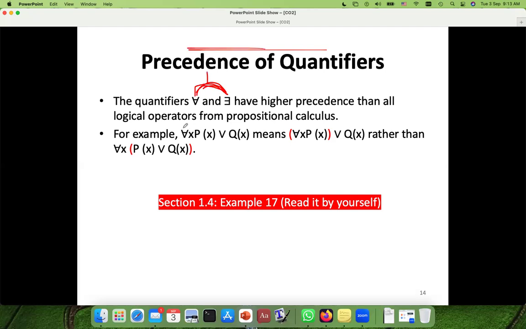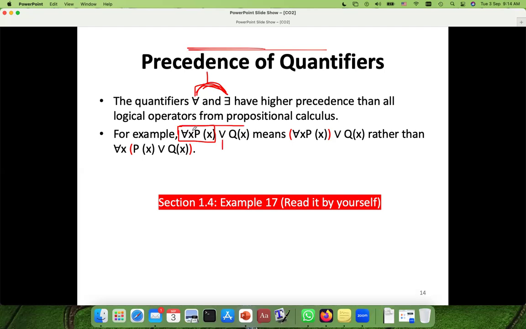For example, if you have something like for every x, P of x or Q of x, then this quantifier is with this first part, not with that part. Even though the variable is x here and also x here, you don't have to confuse yourself. So this quantifier is with the first part.